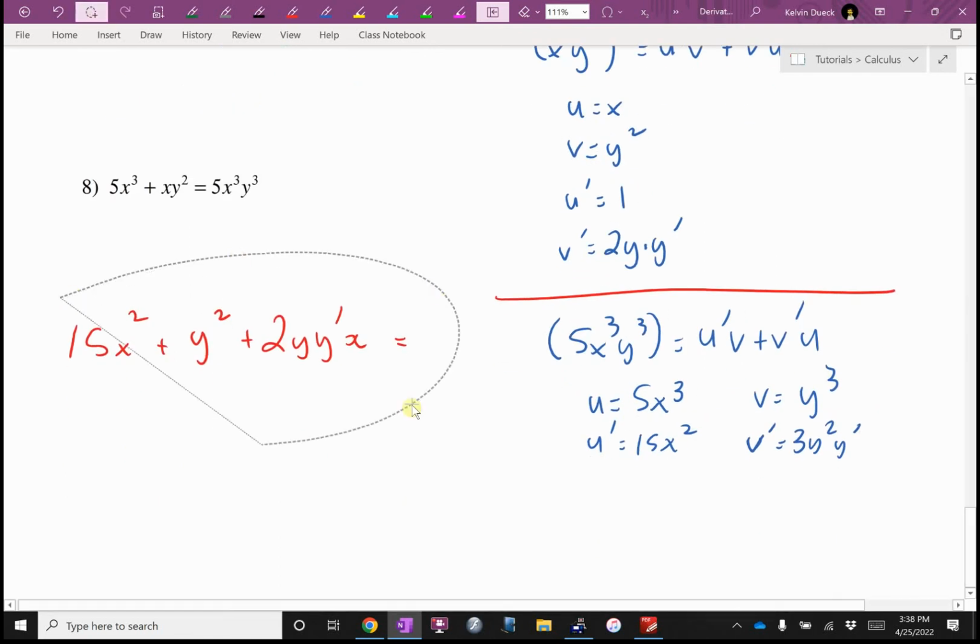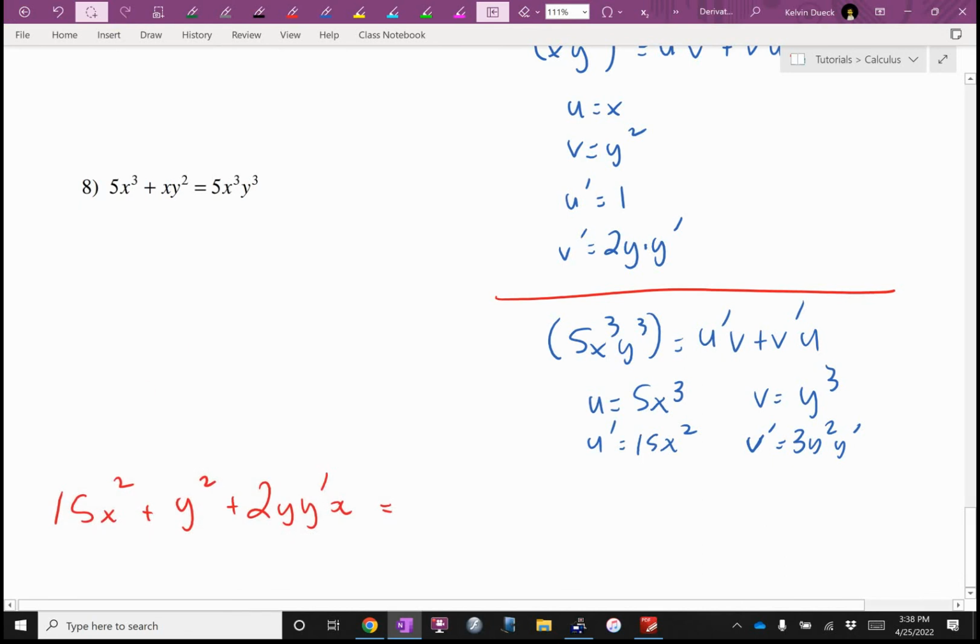Ah, the beauty of digital ink. Now I have more room. u prime, 15x squared. v, y cubed, plus v prime, 3y squared y prime, u, 5x cubed.